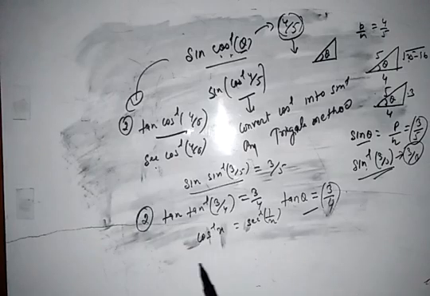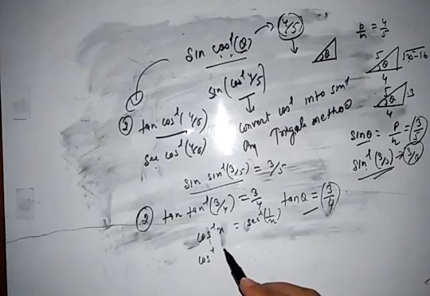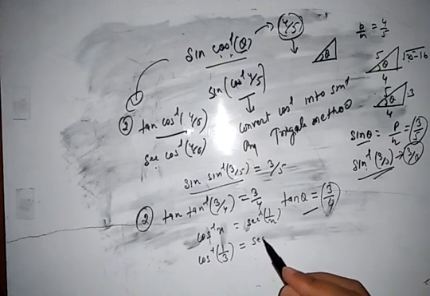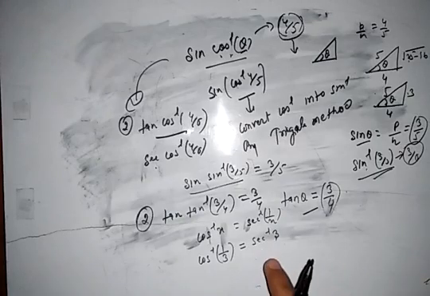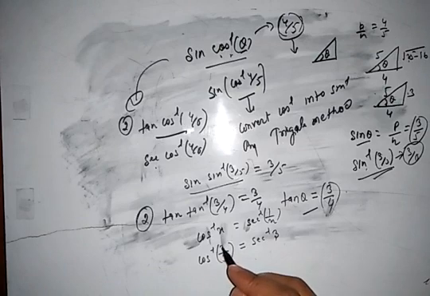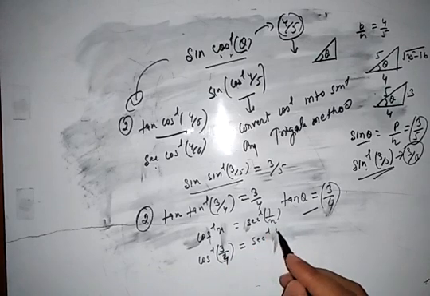How? If you put here cos inverse 1 by 3, I will assume cos inverse 1 by 3 taking, is this equal to sec inverse 3? Just suppose I have assumed 3 by 4, so this will become 4 by 3.